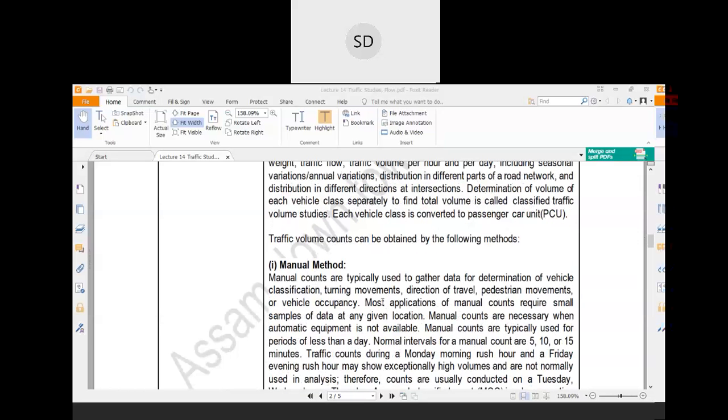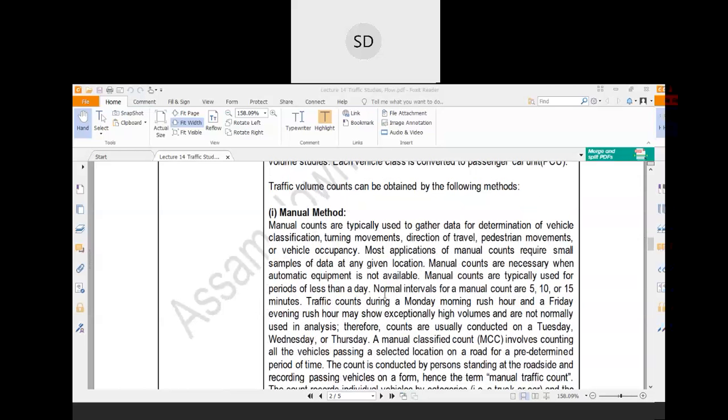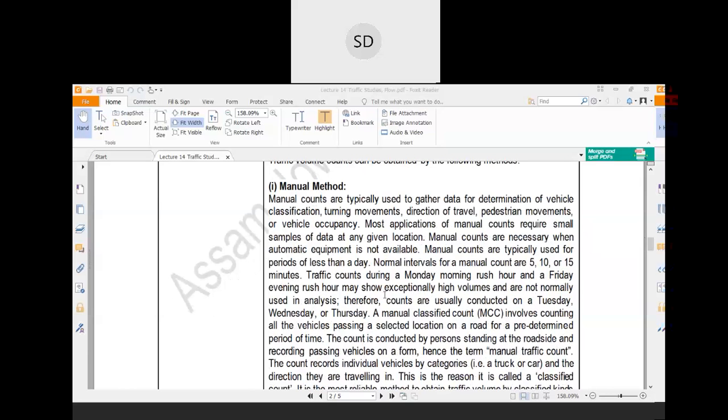Then there are different methods for the traffic volume study or traffic flow study. First one is the manual method. You will manually count the number of vehicles crossing a particular section of the road. Manual counts are generally used to gather data for vehicle classification, turning movement, direction of travel, pedestrian movements, and vehicle occupancy.